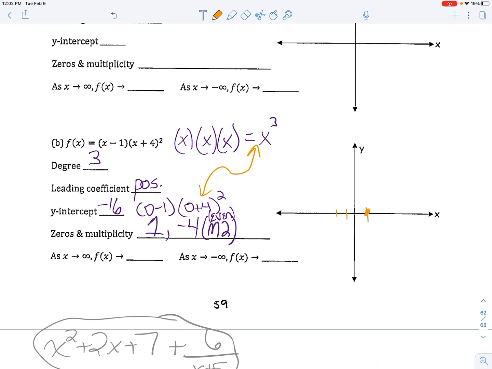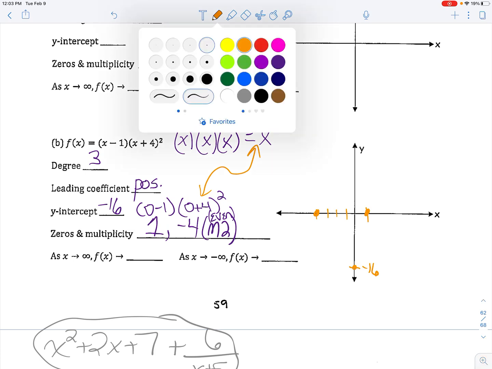That's going to be the general shape. All right. So let's plot out the points here. What do we have? We have 1 as a root. We have negative 4 as a root. And we have negative 16 here as a y-intercept.